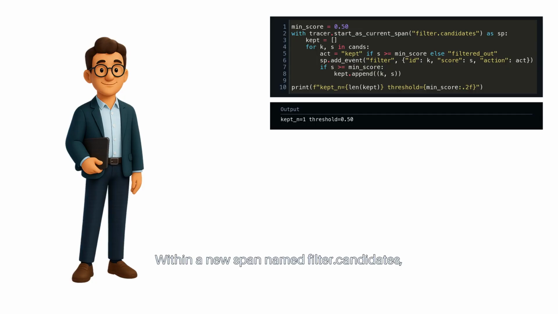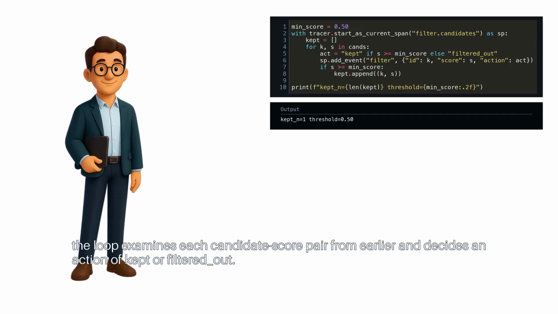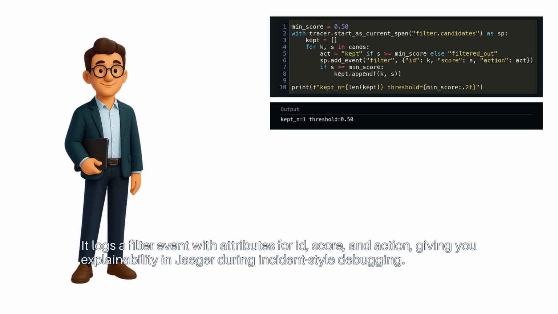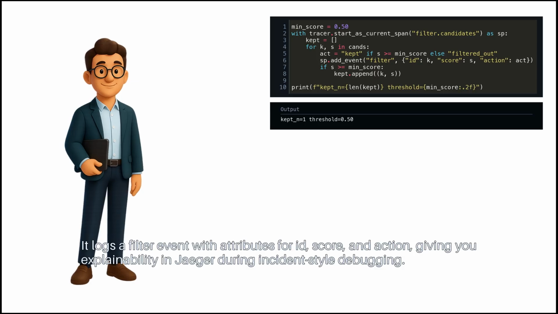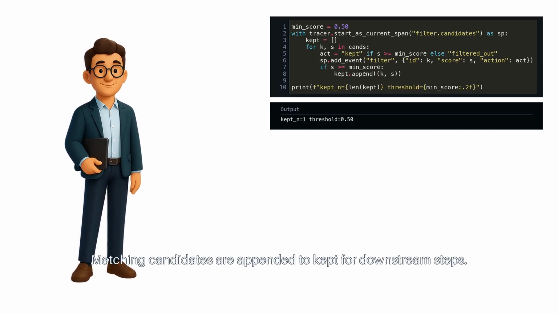Within a new span named filter.candidates, the loop examines each candidate's score pair from earlier and decides an action of kept or filtered out. It logs a filter event with attributes for ID, score, and action, giving you explainability in Jaeger during incident-style debugging. Matching candidates are appended to kept for downstream steps.